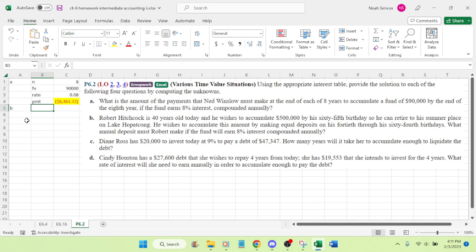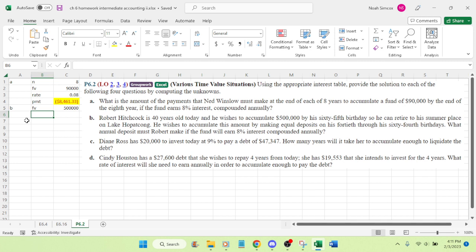Okay, if it's going to be simple, we want the future value to be 500,000, and then let's see. So we have a 40th birthday and then a 64th birthday. So that's 24 years, right?